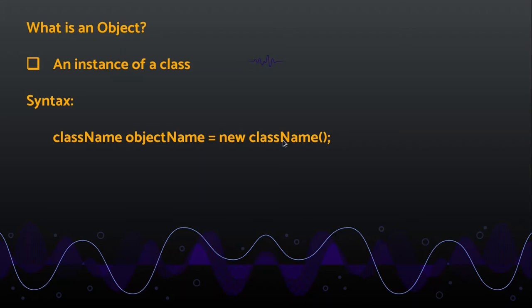If you don't have any constructor, it's going to be like this. Even if you have a constructor but it doesn't have any parameters, it's going to be like this. But if your constructor has a parameter, you will see a parameter there. We'll discuss constructors in the next tutorial along with classes, and then you will get to understand this.